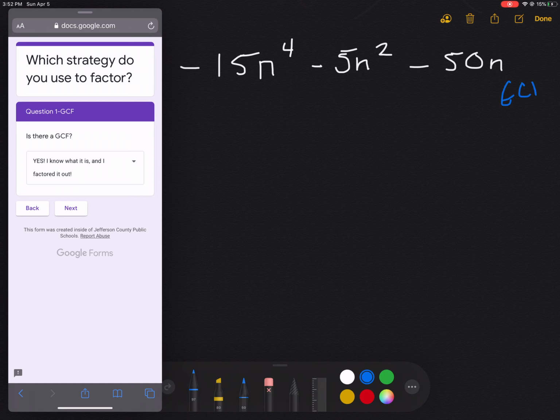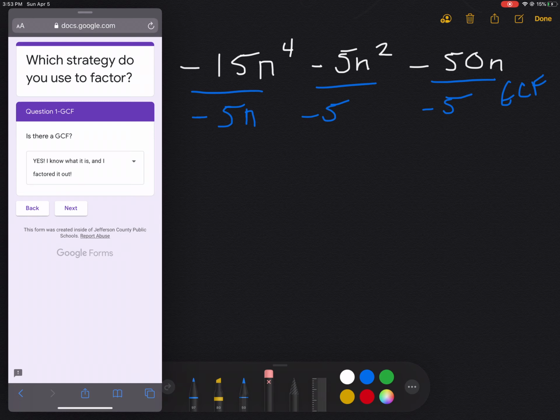So remember that a GCF is something that can be factored out of all three. In this case, we've got three terms. What is something that you can factor out of all three of them? So 15, 5, and 50 can all have a 5 factored out of them. And because they're all negatives, I'm going to go ahead and factor out a -5 out of all of them. And I also can factor out an n. Even though I have more than one n in these two terms, remember you can only factor out what they have in common.